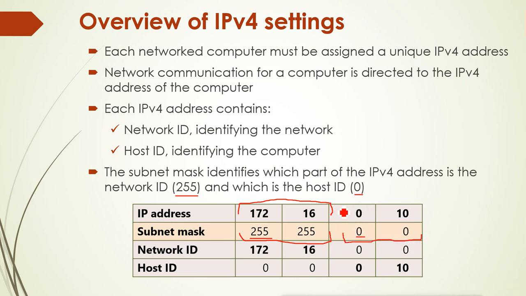So we can say that this IP is having this host address. So the subnet mask defines what is the network part and what is the host part, and in the subnet mask when the 255 is there, that means it is network, and 0 means it is host. So 0 means there is no bit on, and 255 means all bits are on.